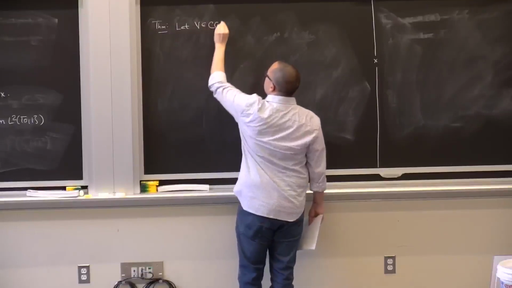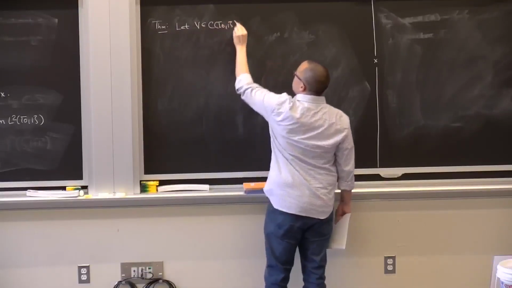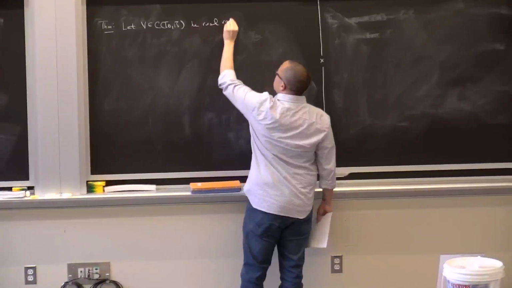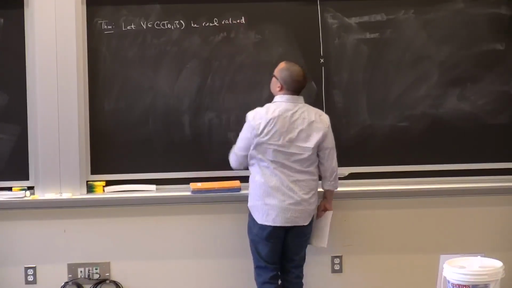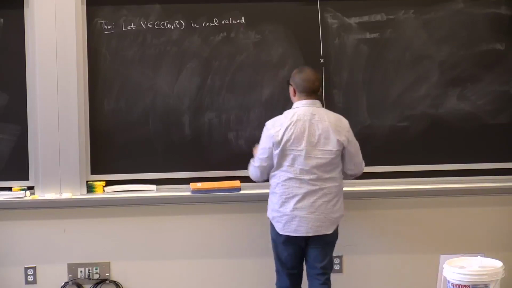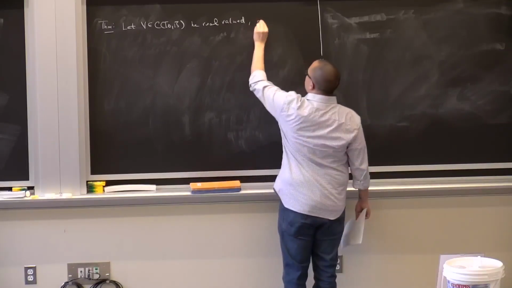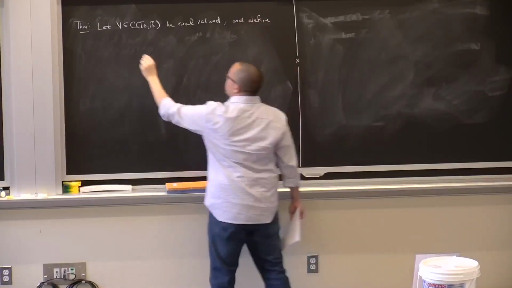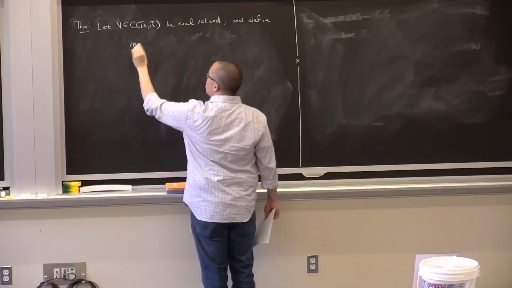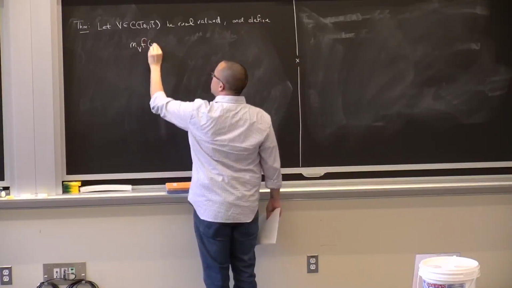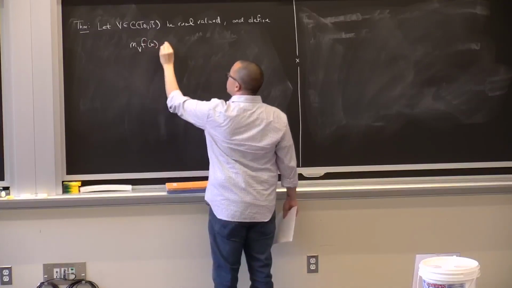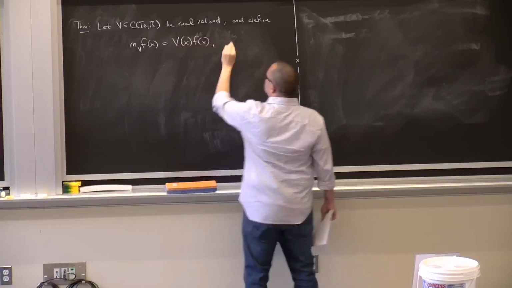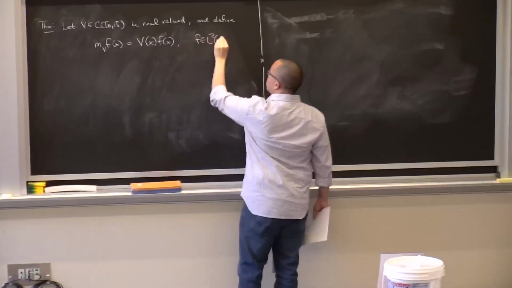Let b be a real valued continuous function and define M sub b, as in multiplication, M_b f of x to be this b of x f of x for f in L2.